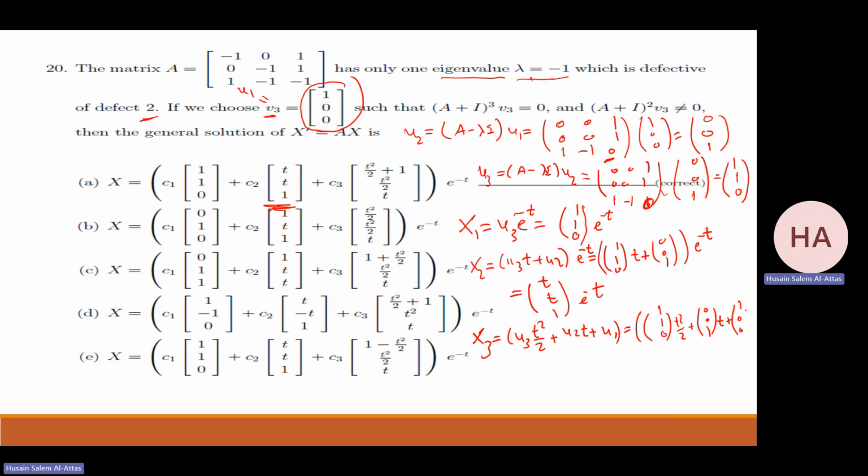Don't forget e to the power minus t. Yeah, times e to the power minus t. So that will be t squared over 2 plus 1. This is the first row. Second row, it will be t squared over 2, 0, 0. That's it. The last row, 0, t. T plus 1. T, that's it. T, which is this one. So this is my answer.